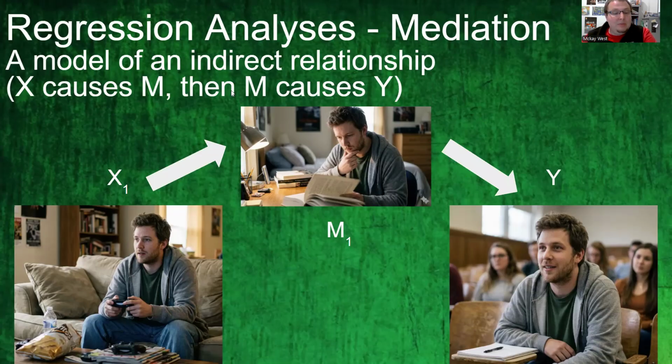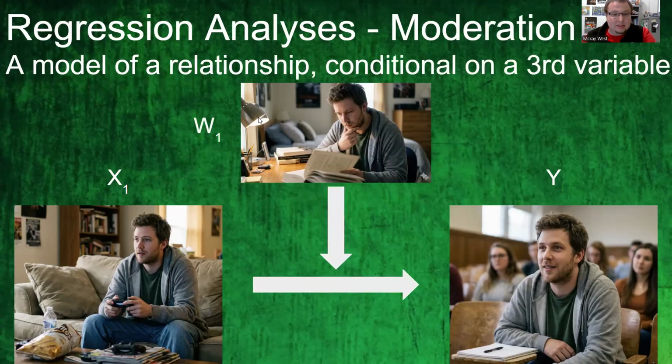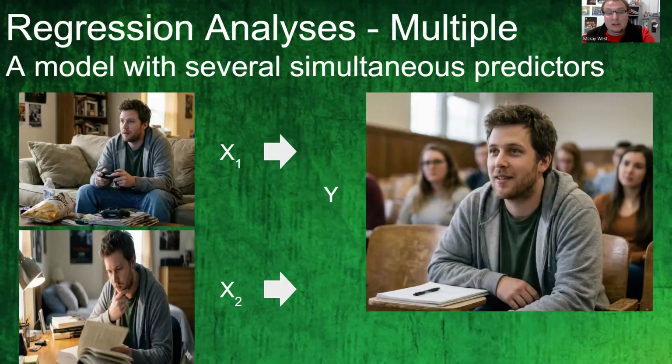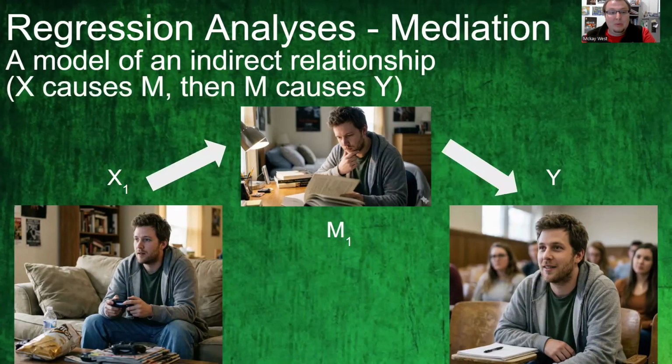Maybe instead of thinking that the relationship's conditional, or that we just look at them each and see what's happening, maybe we want one final approach, which is asking whether something to do with X is causing something else to happen, and because that third variable is happening, it's leading to the actual Y variable that we're interested in. So we call this an indirect relationship.